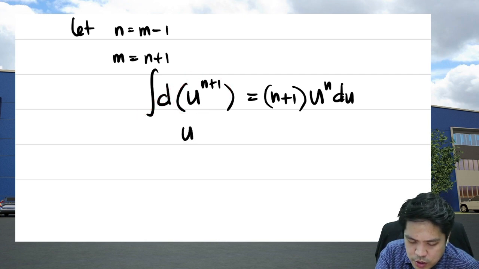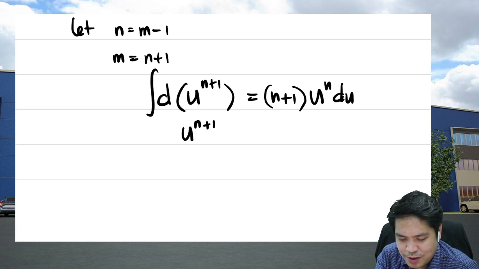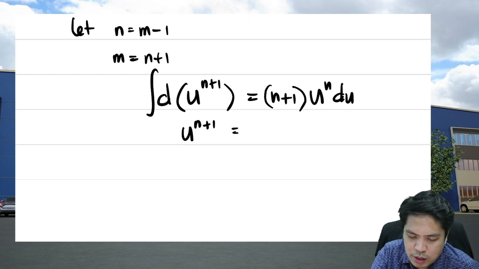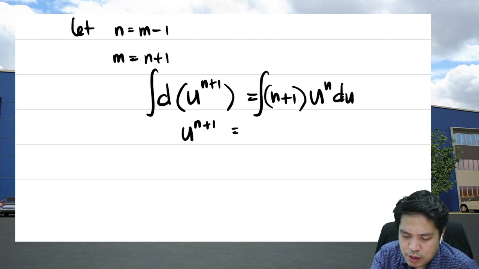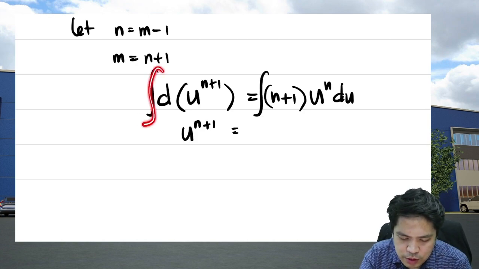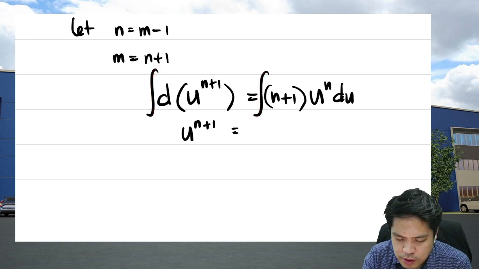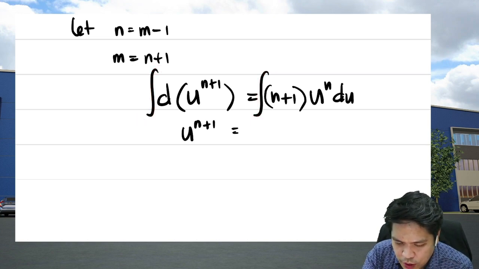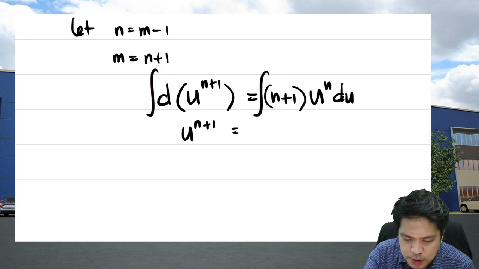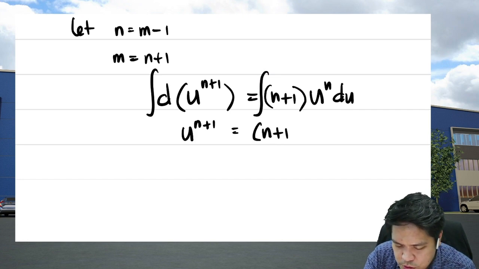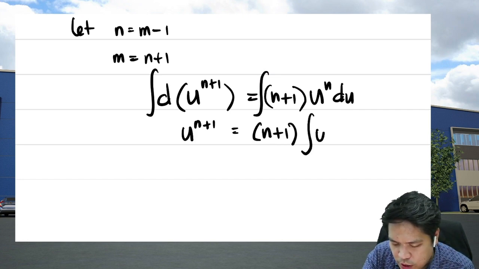So that would be u raised to n plus 1, equal to integrating both sides. This n plus 1 is a constant, so we can take it out: n plus 1 times the integral of u raised to n du.